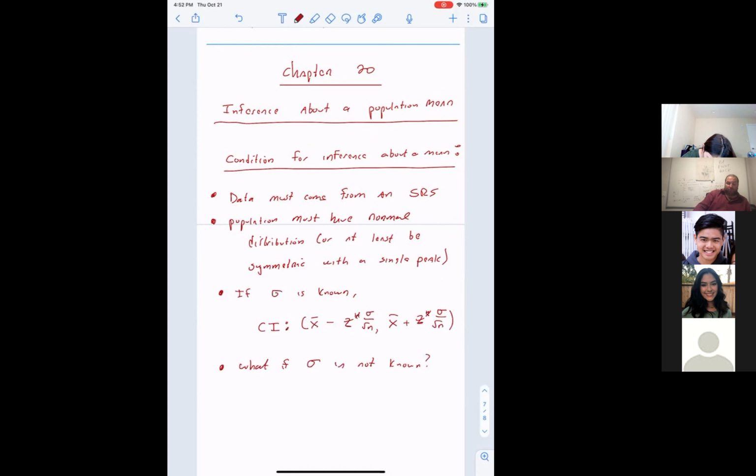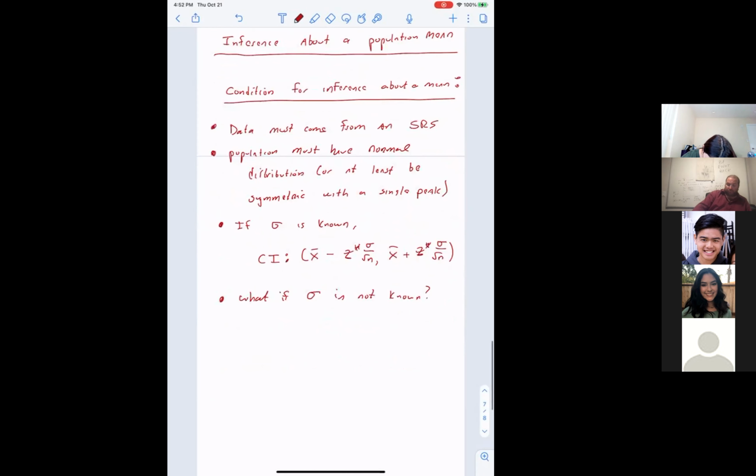What do we do if we don't know sigma? Well, if we don't know sigma, how exactly are you going to use sigma in your formula for the confidence interval? Spoiler alert, we don't.